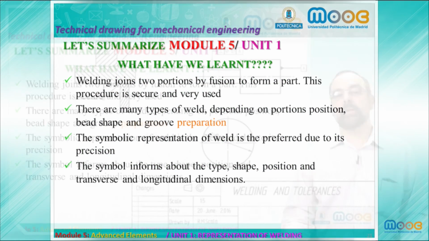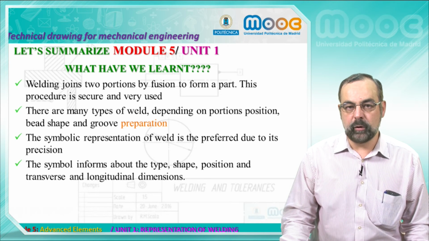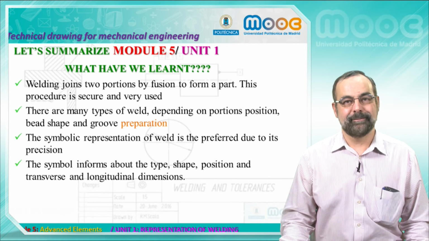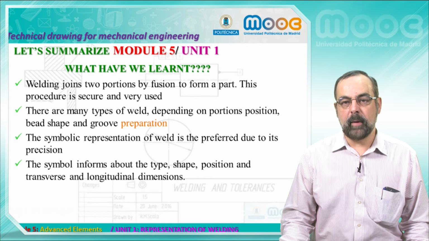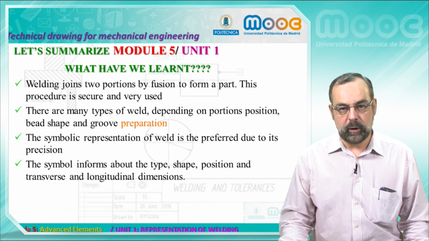Well, we have finished Unit 1. Let's now summarize Module 5, Unit 1. What have we learned? We learned that welding joins two portions by fusion to form a part. This procedure is secure and very used.